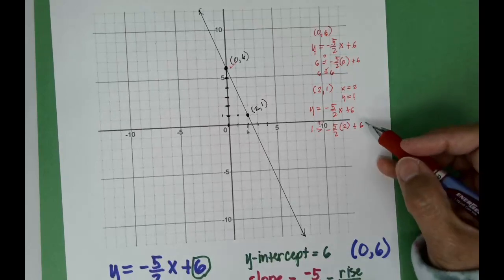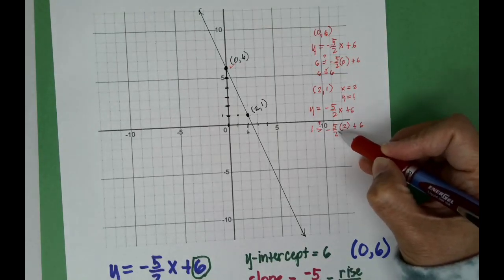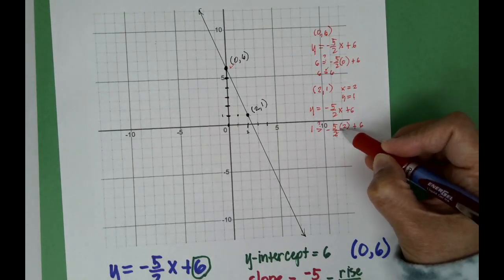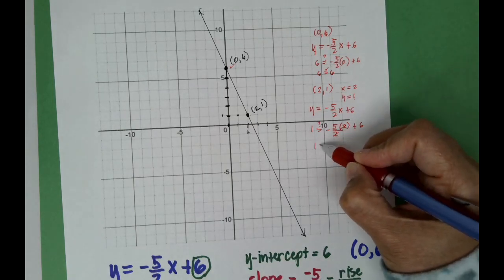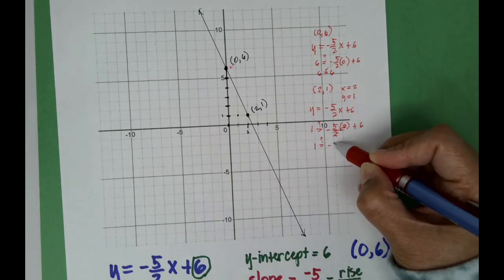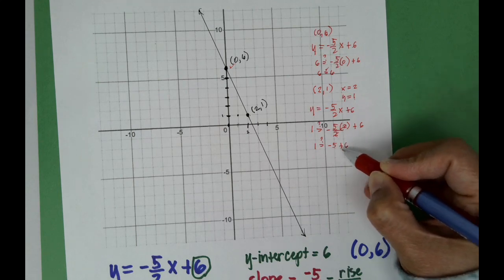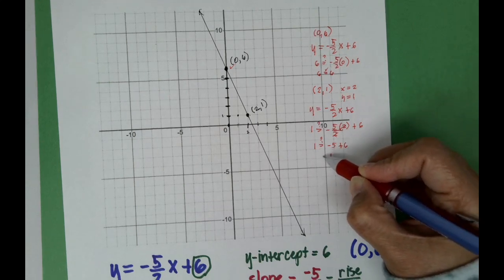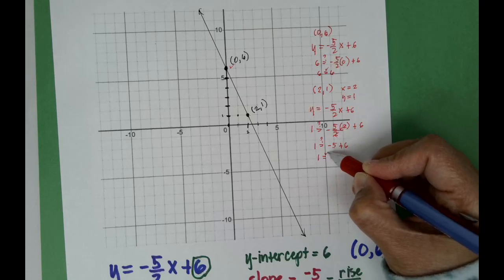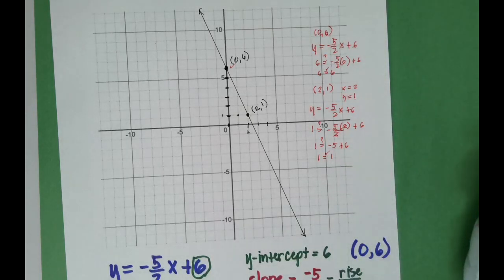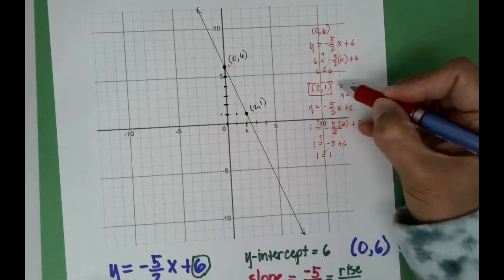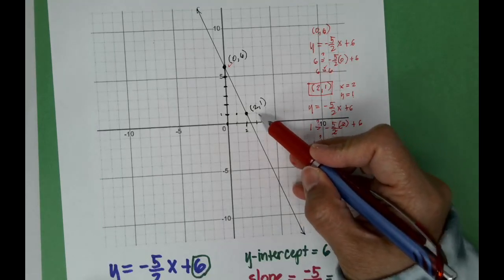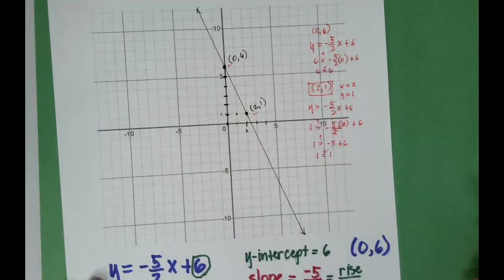The 2 and the 2 cancel, so we have negative 5 plus 6, which is 1, also the value on the left side. So the ordered pair (2, 1) is also a solution to the equation.